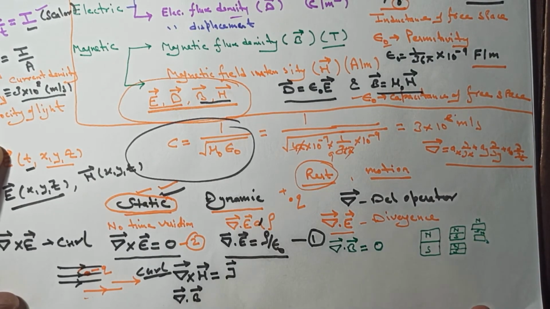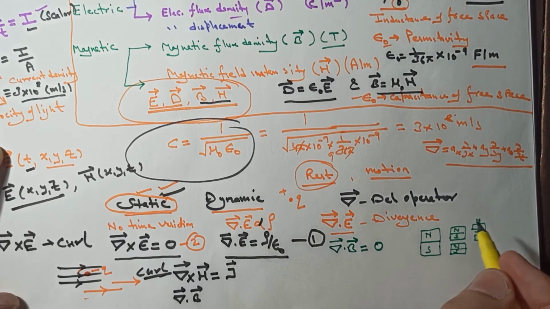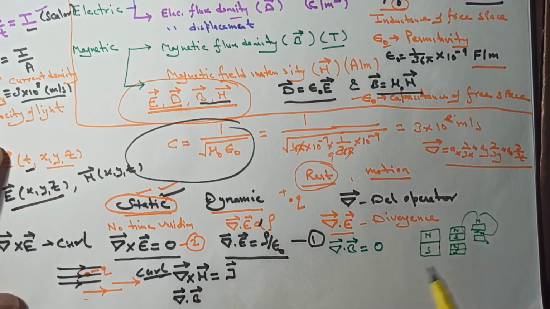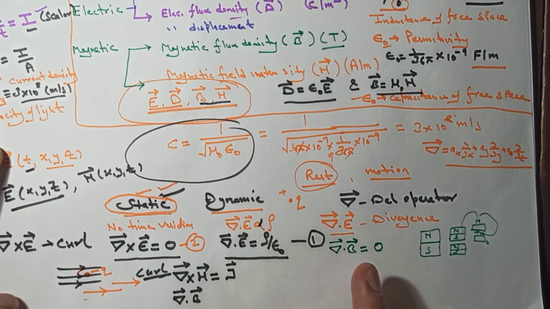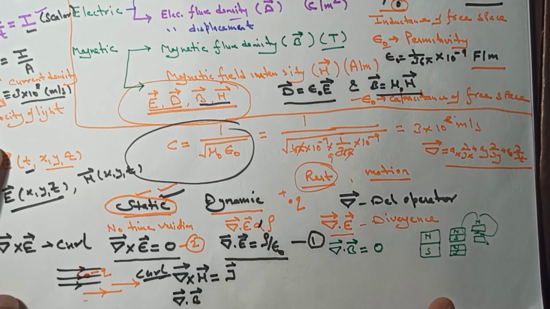Now cut them again into two parts, and we have four magnets, and they also have north and south poles. The meaning here is you cannot separate the south and the north pole. That's why the magnetic field lines are closed lines, and that's why the net flow of the magnetic field is 0.